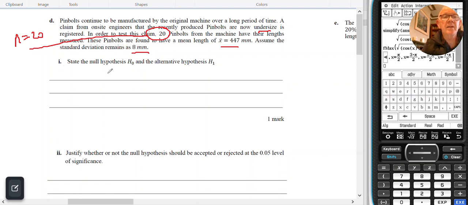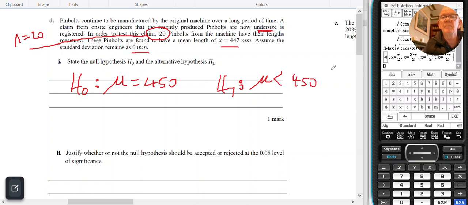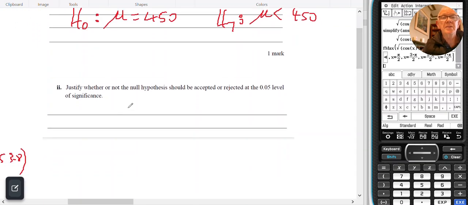Okay, state the hypotheses. Well, H0 is that the mean is still 450. H1 says that they're undersized, so the mean should be less than 450. To justify, I need to find the p-value.